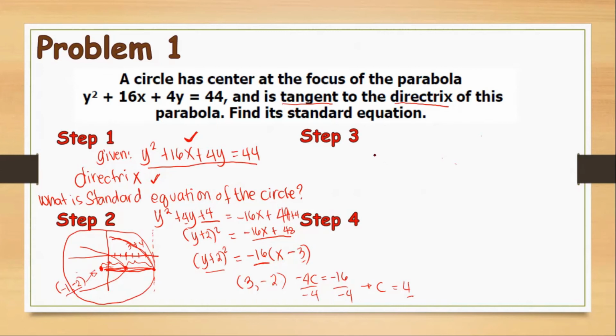So we have x plus 1 quantity squared plus y plus 2 quantity squared equals the radius, which is 8 squared. And so our final answer will be x plus 1 quantity squared plus y plus 2 quantity squared equals 64.